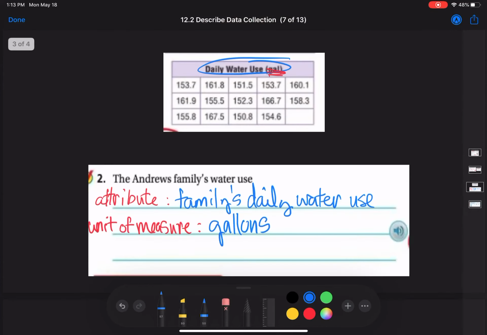So here's where we're at. I'm going to say, how was measurement taken? So now this one, we're talking about daily water usage in a home. How do we record that?